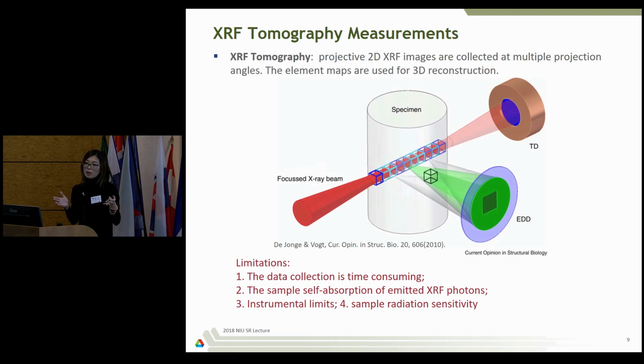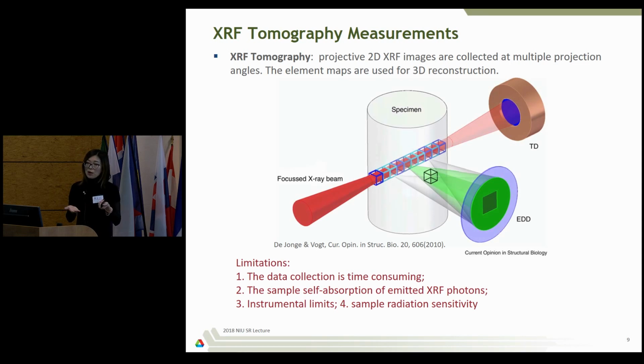Later on, we sort these projections by element species and run 3D reconstruction with a normal tomography algorithm. Since X-ray fluorescence microscopy is a scanning probe, the data collection is very time consuming.